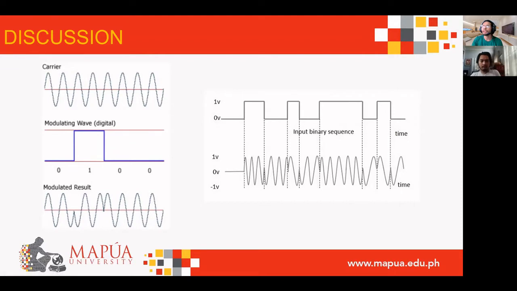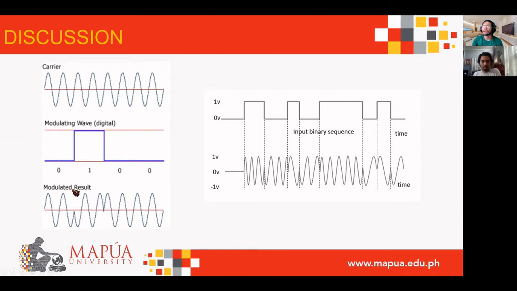What you can see on the screen is the BPSK output signal, wherein the carrier signal is a sinusoidal wave, and the modulating signal or modulating wave is a pulse, wherein the signal is 0 or 1, or off or on.